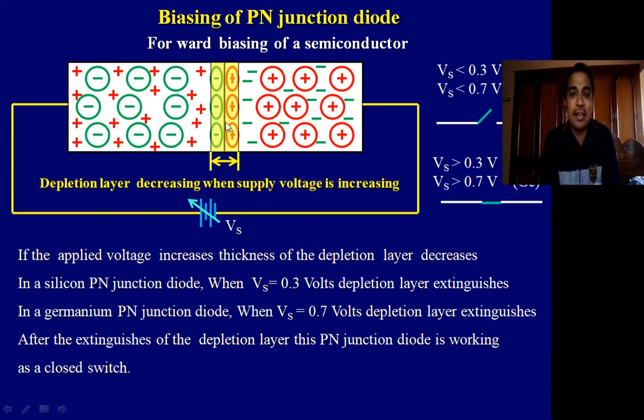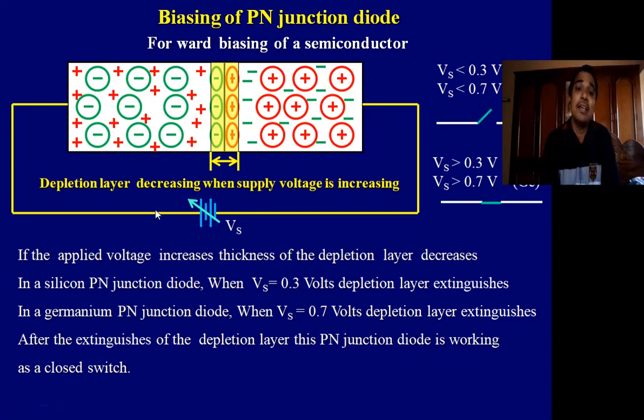Cut-in voltage, or knee voltage, means the minimum voltage required to remove this junction. So for silicon it is 0.3 volts, for germanium it is 0.7 volts, the minimum voltage to remove that layer.